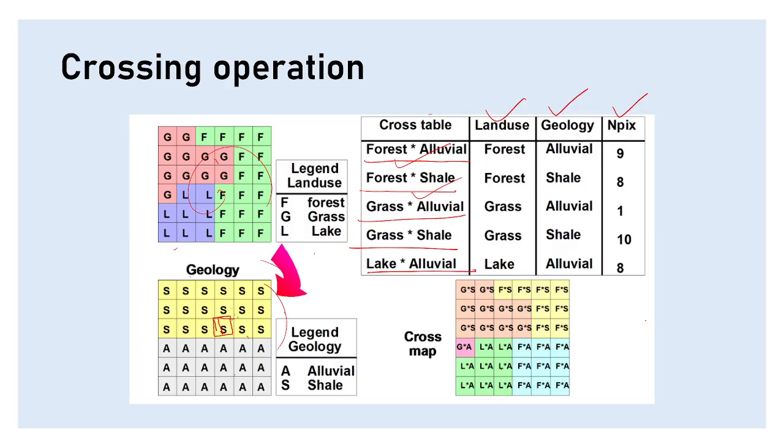The same cell, if I go over here, it is grass. So grass and shale. That's what we have given here. So here more number of classes have come. Like here you just had 3. Here you have 2. But here, how many do you have? 1, 2, 3, 4, 5. The number of classes is increased. You are generating more classes by putting more conditions.